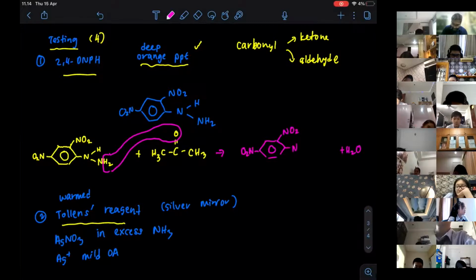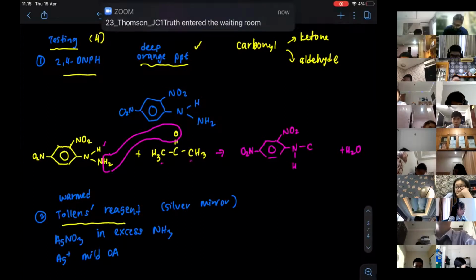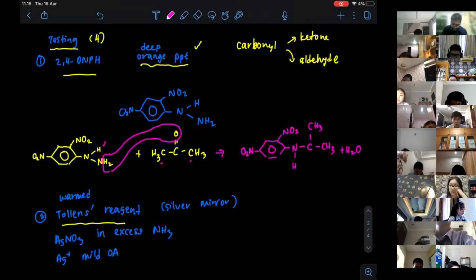Nitrogen, hydrogen. Okay, so hydrogen, I'll just put the hydrogen down. So this hydrogen, and then this nitrogen now will be bonded to carbon, and this carbon is bonded to CH3 and CH3. I'll just put CH3 here, and then another CH3 over there. CH3, CH3, another one.